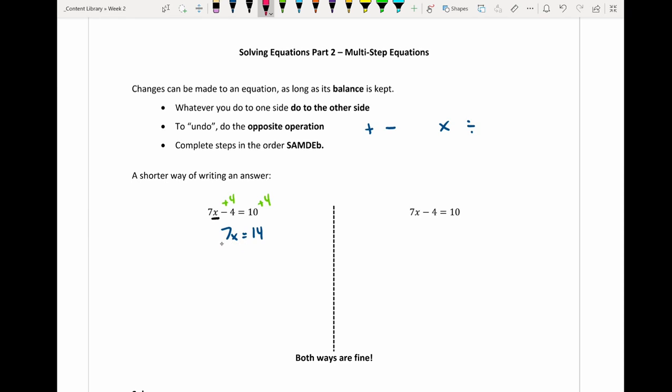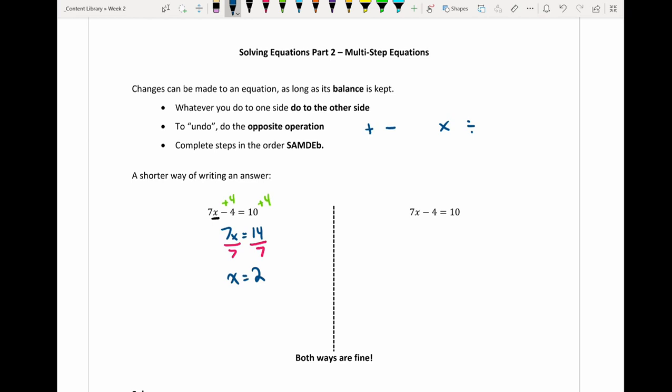Remember when we see the number and the letter and no sign or operation in between, we assume it's multiplying. So to cancel out multiplying, I'm going to divide. To keep things balanced, I'm going to divide on the other side. And now it'll leave me with, again, the 7s on the one side will cancel out, and I'm left with x equals 2, which is my final answer.